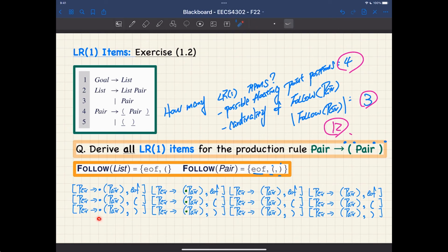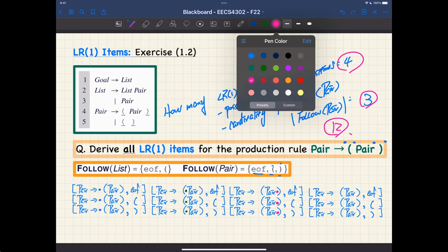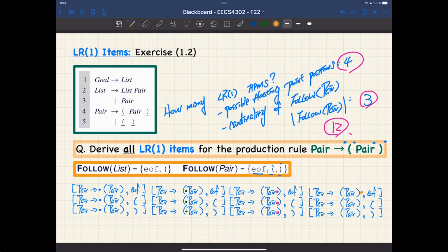For this, in the beginning, it's after matching the opening parenthesis, and for these, it would be after matching the pair. So I'm going to put a pair over here. And for the final one, it will be after matching everything, which will be here. All right? That's what you will have to do if you're given a question like this.